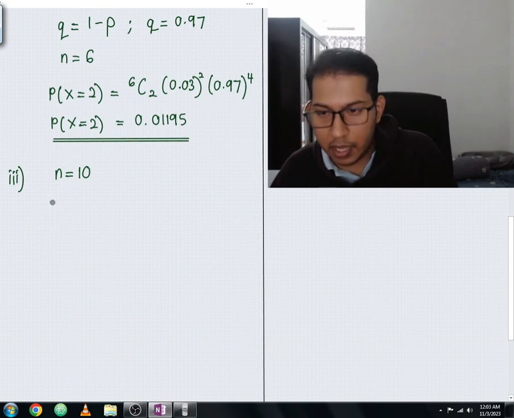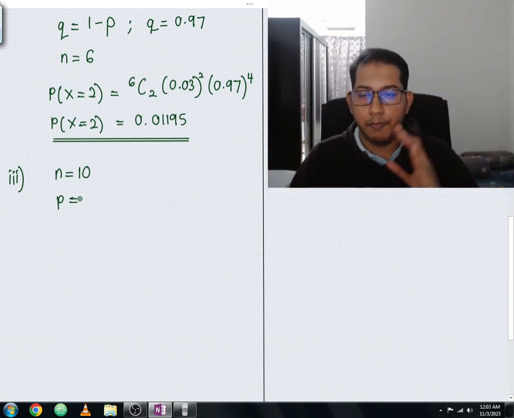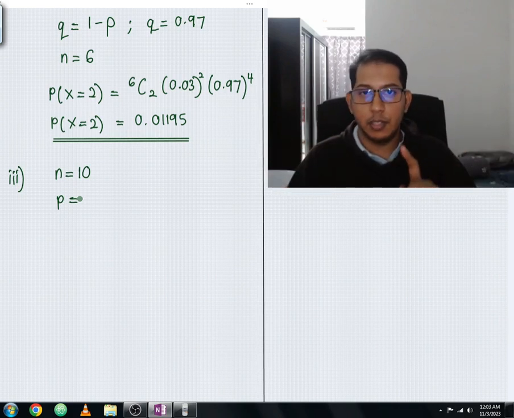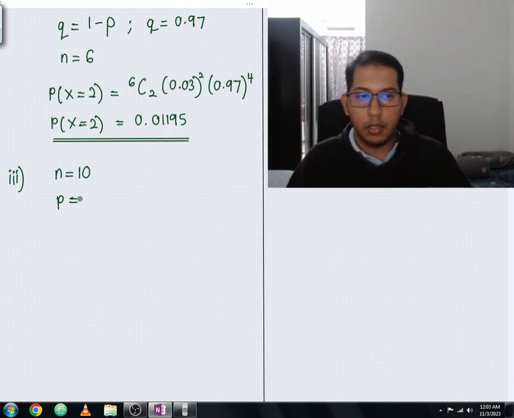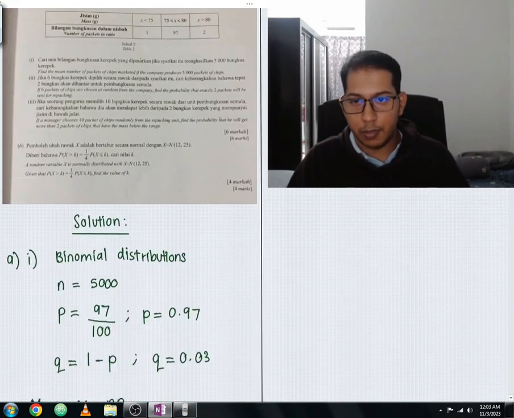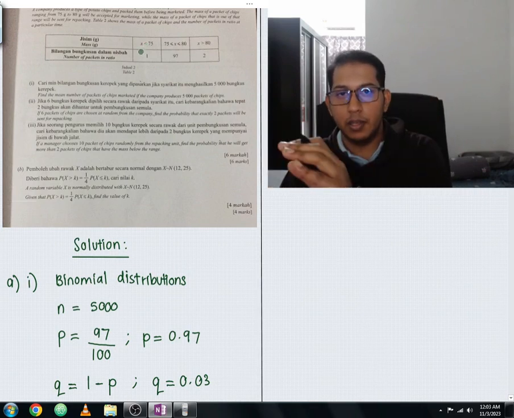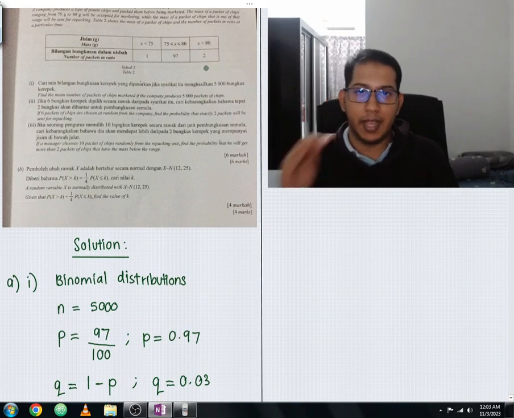For the probability of success, since we are emphasizing the packets of chips which are below range, and below range is represented by the ratio of 1, so from here it is 1 out of the 3 ratios. You have 3 types of ratios over here, and only one ratio is lower than the range. So 1 will be divided by 3 over here.